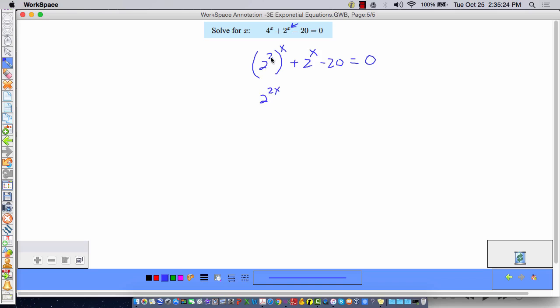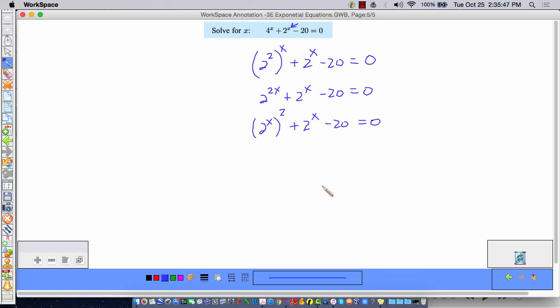2 squared to the x is equivalent to 2 to the 2x, multiplying our exponents, plus 2 to the x minus 20 equals 0. And then I can write 2 to the 2x as 2 to the x squared, plus 2 to the x minus 20 equals 0.